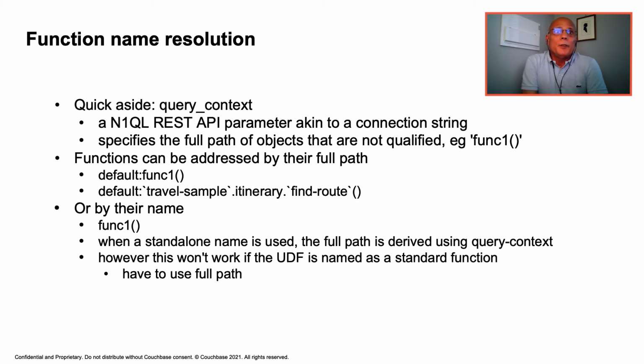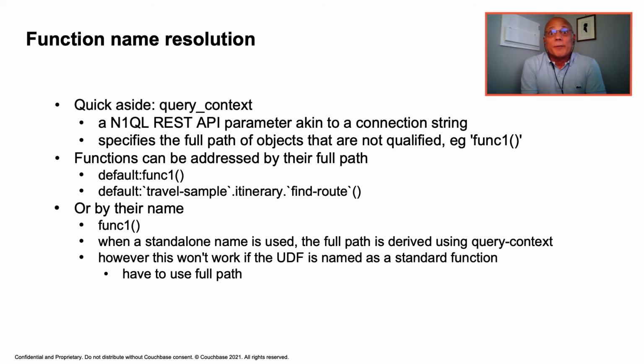But if you use an unqualified name like func1 in the example, then we use query context, and that function is either a global function or a scope function, depending on whether the query context is unset, set to a namespace, or set to a scope.